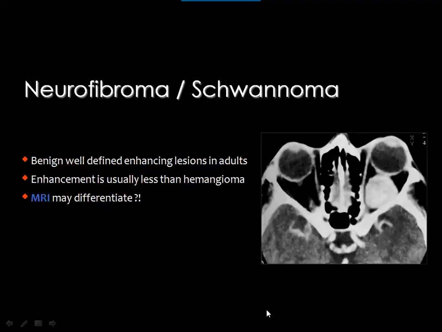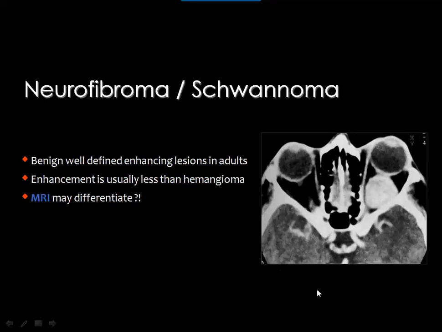Then neurofibromas and schwannomas can also occur inside the orbit, and it is usually difficult to differentiate both by imaging, but MRI may be helpful, since you know that cavernous hemangioma is usually very bright in the T2 weighted image, while the neurofibroma is usually of intermediate signal.